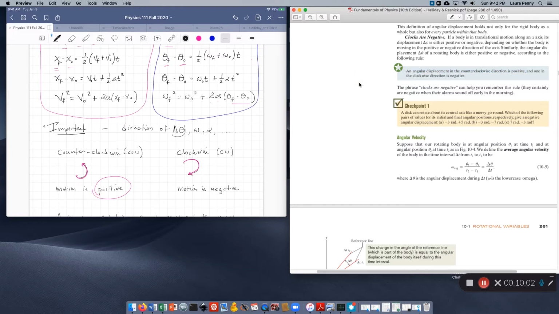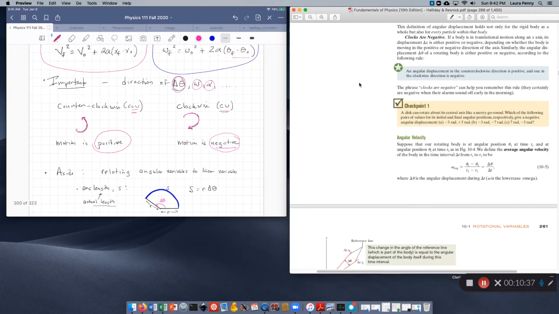So the direction of delta theta, omega, alpha, and all the other things that we come across that have to do with angular motion: counterclockwise is positive, clockwise is negative. I usually just write CCW for counterclockwise and CW for clockwise. Remember that clockwise, the way a clock works, is negative angular motion. There's a right-hand rule that goes with this. I don't want to talk about it.